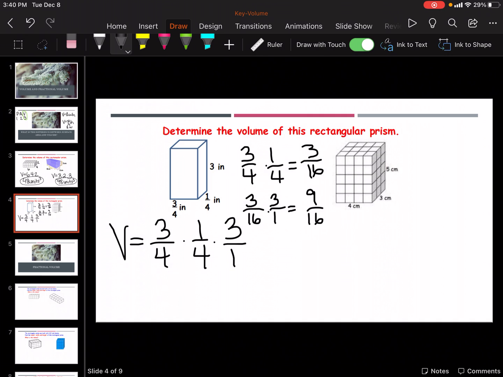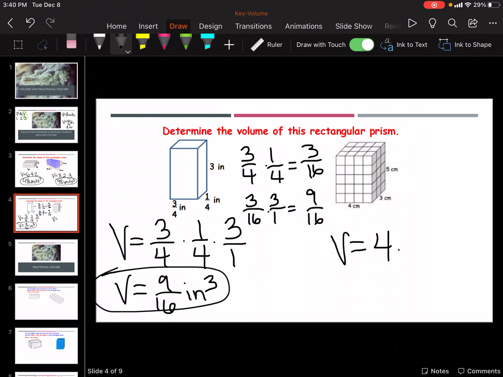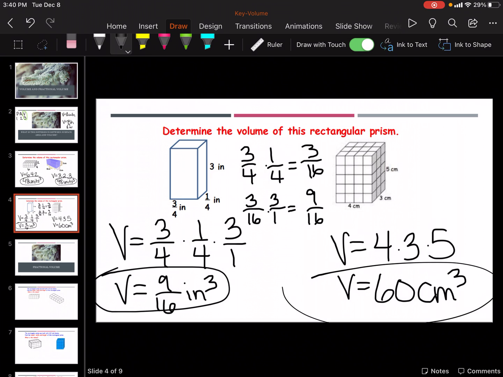And that's your answer. Okay, for the next one, we're going to do volume equals 4 times 3 times 5, which gives me a volume of 60 centimeters cubed.